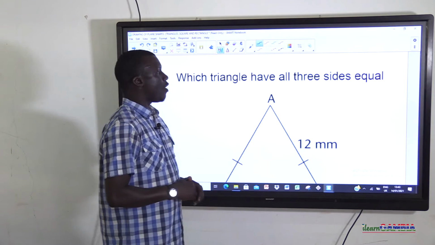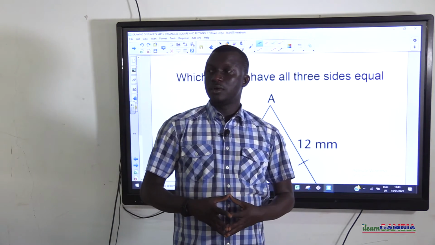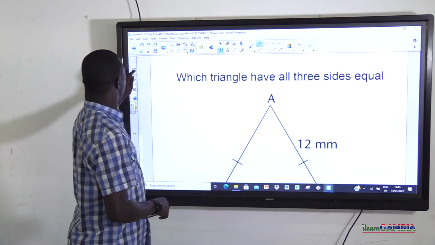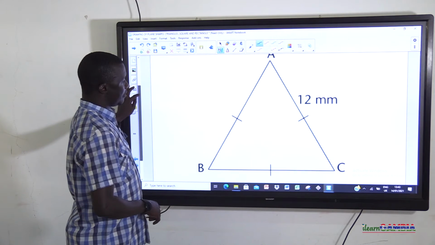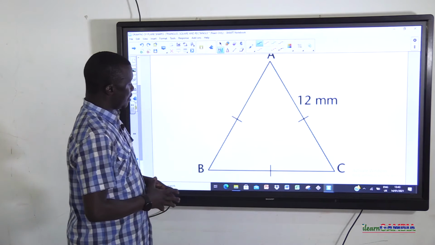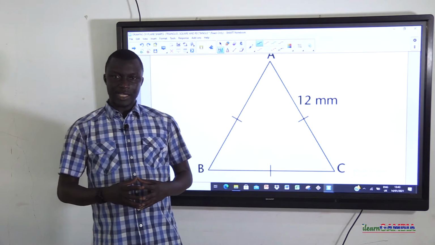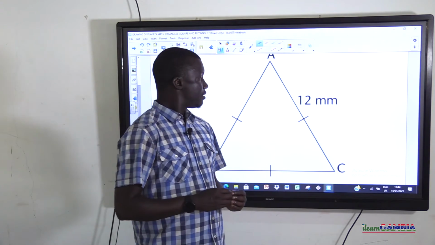Which triangle has all three sides equal? Now we have a triangle here. As we can see, all the three sides are marked identically. That indicates that all the three sides are equal in length.